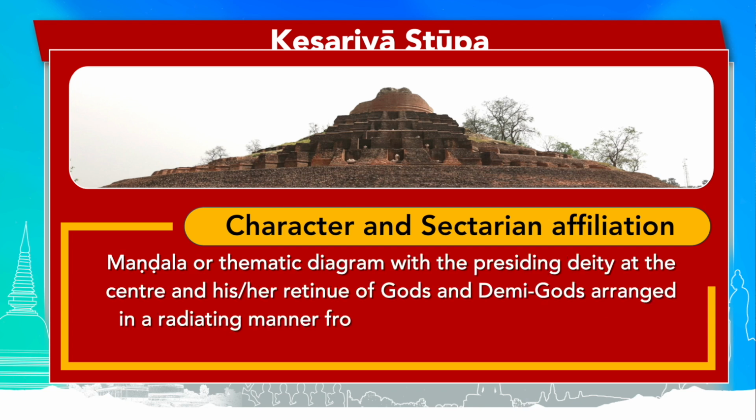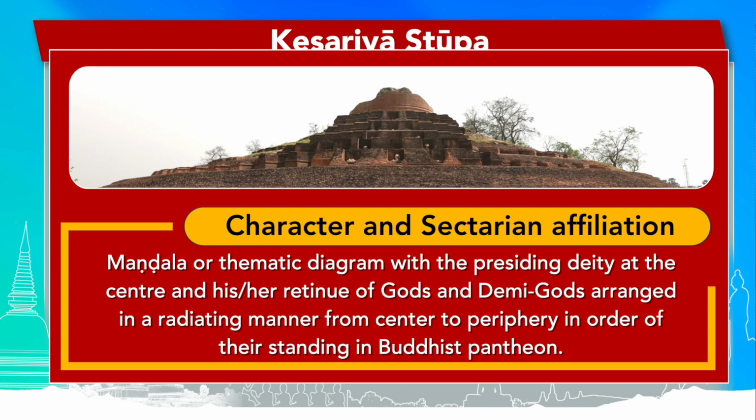Mandala or thematic diagram with the presiding deity at the center and her retinue of gods and demigods arranged in a radiating manner from center to periphery in order of their standing in Buddhist pantheon. There is a strong argument in favor of Kesariya belonging to Vajrayana sect, at least in its final shape and form.